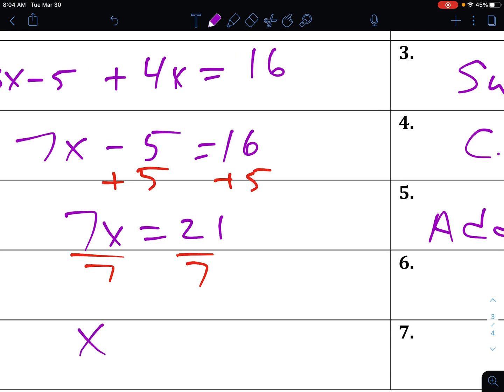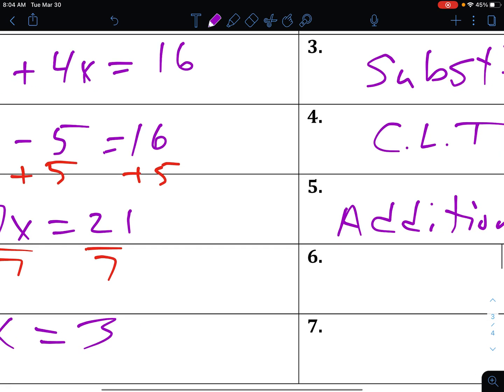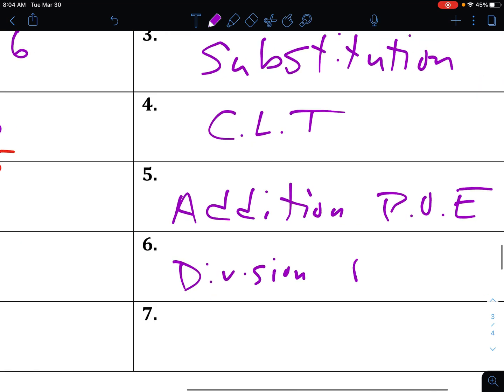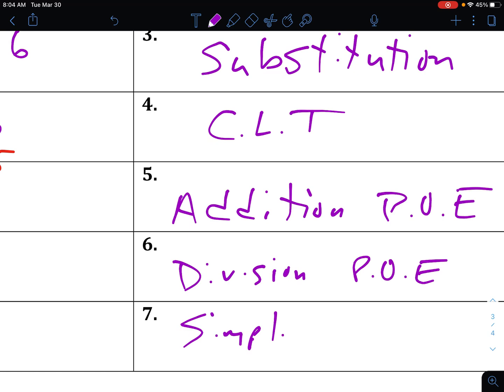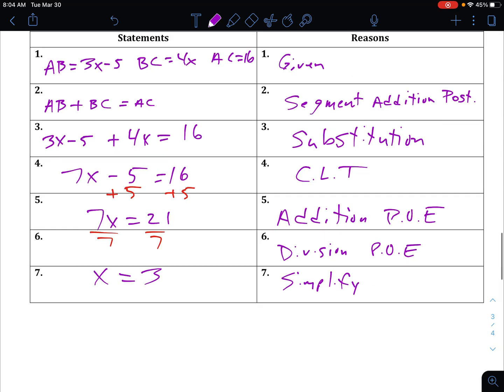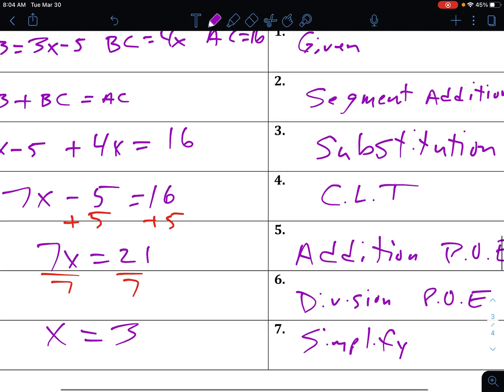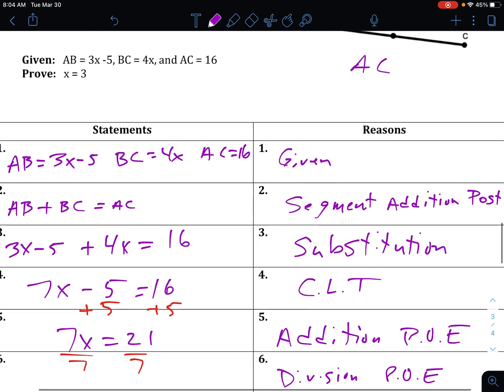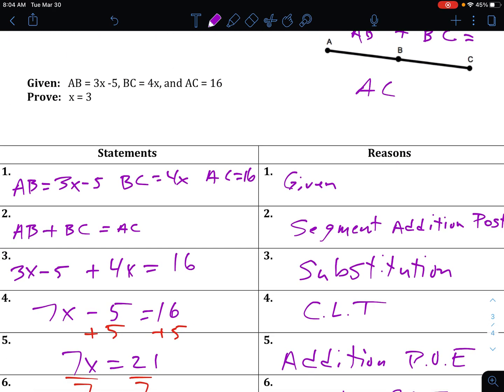We get x is equal to 3, so we'll call that division property. And then, really, if you want to put simplify here for that last step, you really can. We should have simplify everywhere, but that's it. So the only other thing is if it said prove like AB was equal to 4, then we would have to substitute the 3 in for x and show that that's equal to 4.